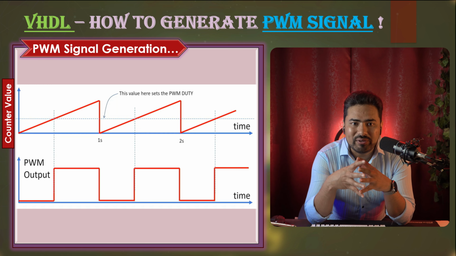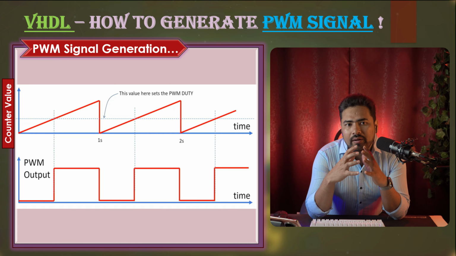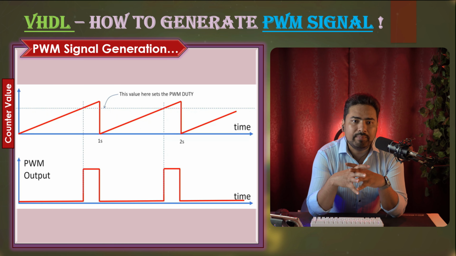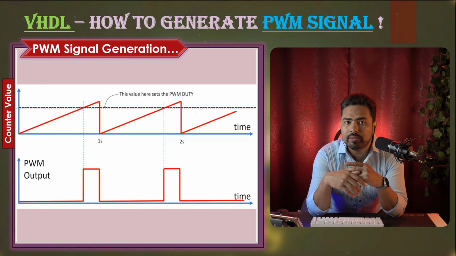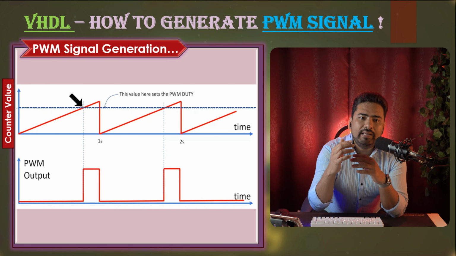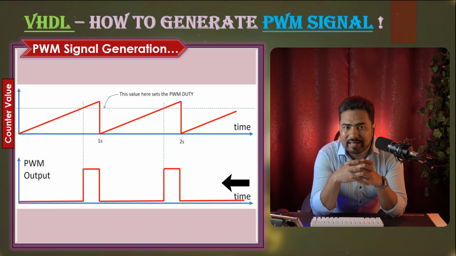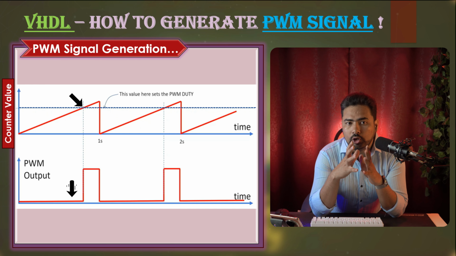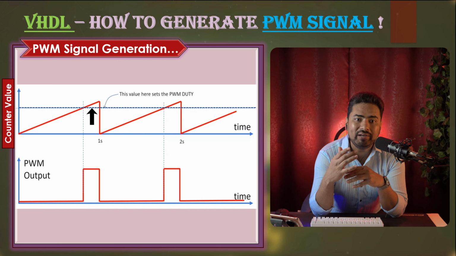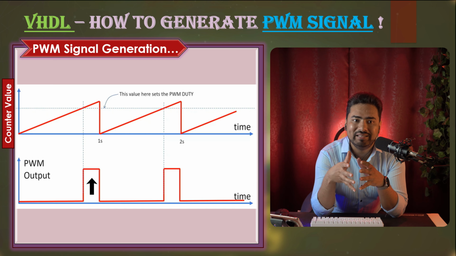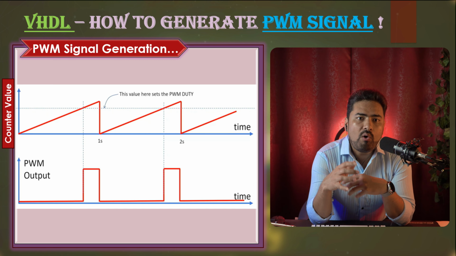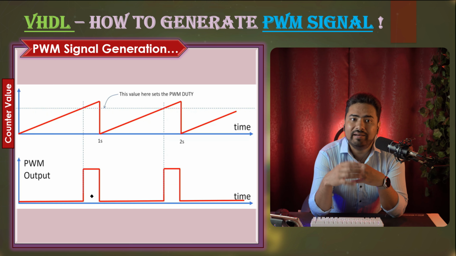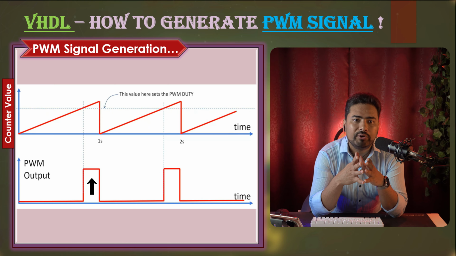Now to change the duty cycle, what do you need to do? You just need to pick another point for this blue line. For example, if you increase this blue line pointer to some higher value, then you will see a reduced duty cycle. Because till this blue point, your PWM output is low, and above this blue point, your PWM output is high. You see now our output signal is at 0 for a longer duration and at 1 for a shorter duration.